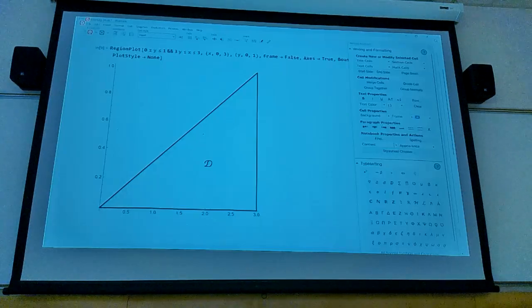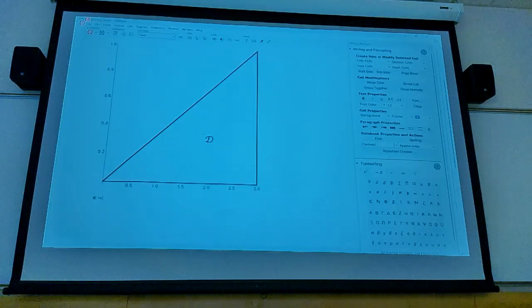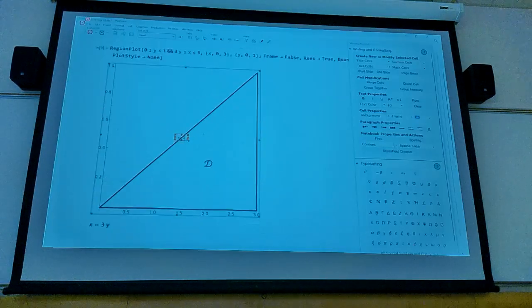What's this line? My apologies. But what's the equation of the line? It's just from the bound. That has to be the line x equals 3y. Right, because what is x doing? x is going from that line, 3y, over to 3. So let's add that in here.